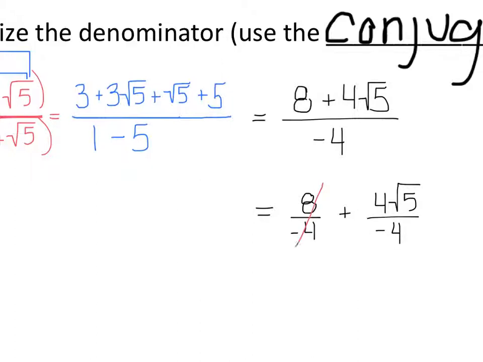Okay, so the 8 over negative 4 becomes negative 2, and then those become negative 1. Negative square root. So you get negative 2 minus square root of 5. That's the answer.